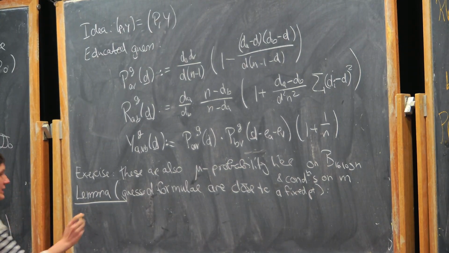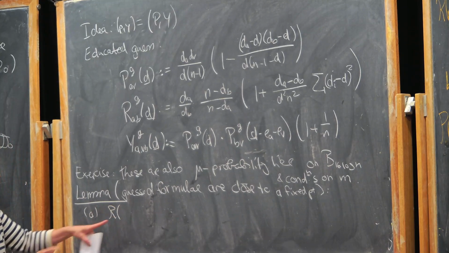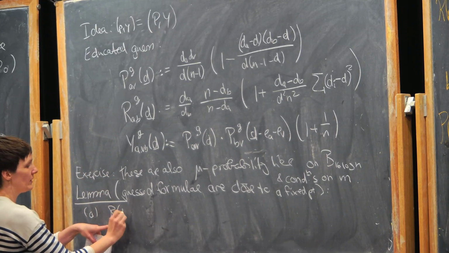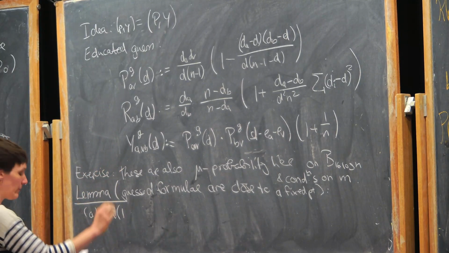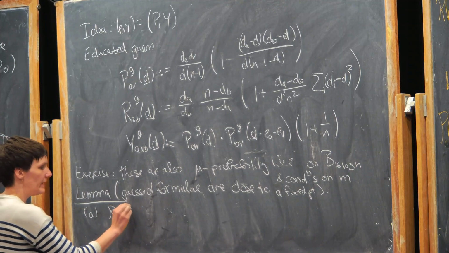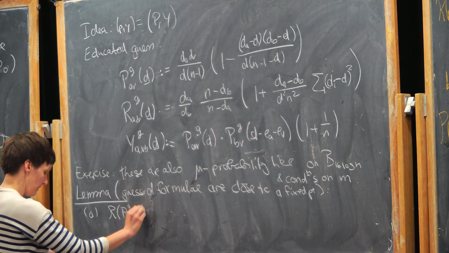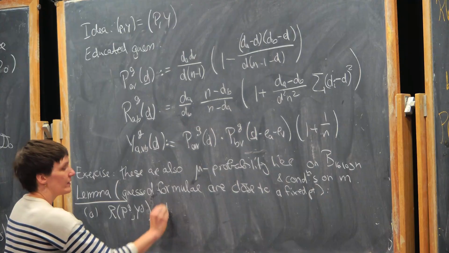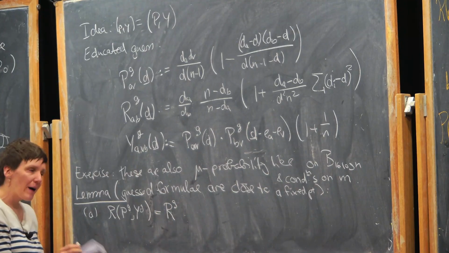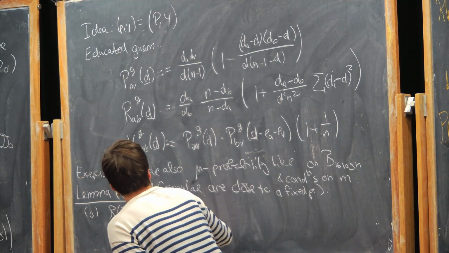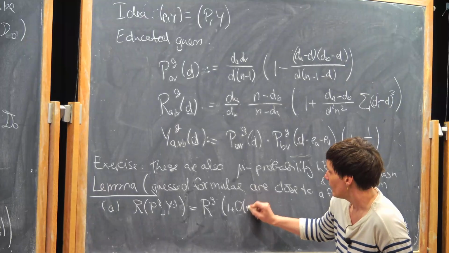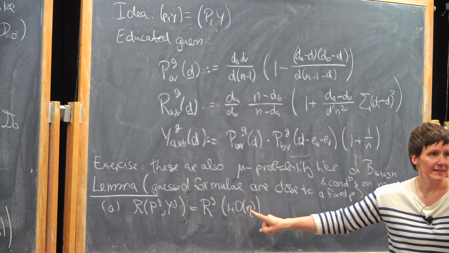So under conditions, let me not write the conditions, if I plug these guessed formulae into my operators, P guessed and Y guessed, then I get the guessed ratio up to some error. I don't get exactly the same.